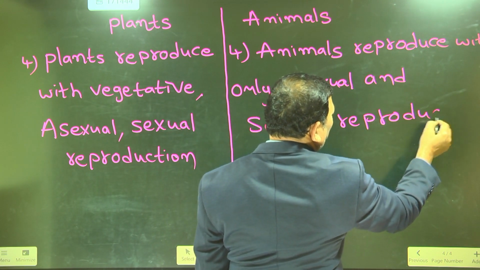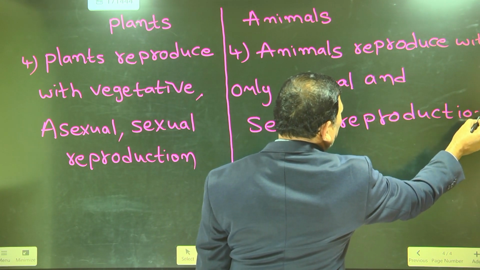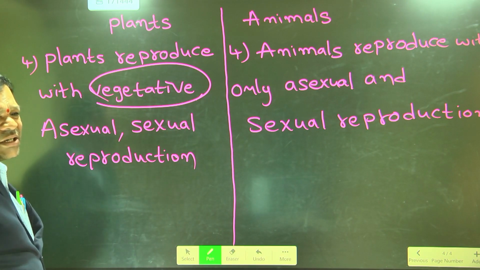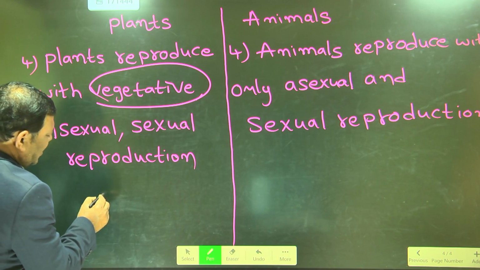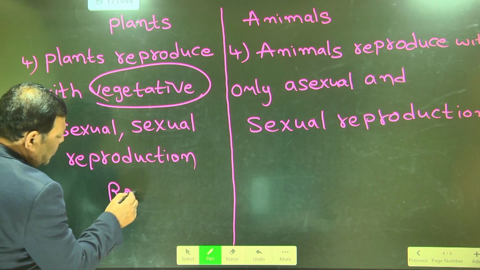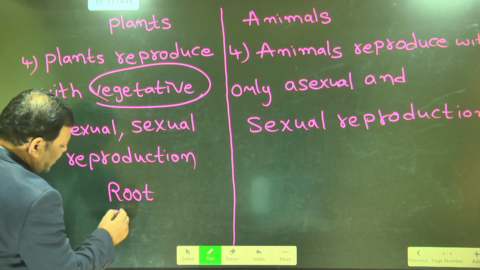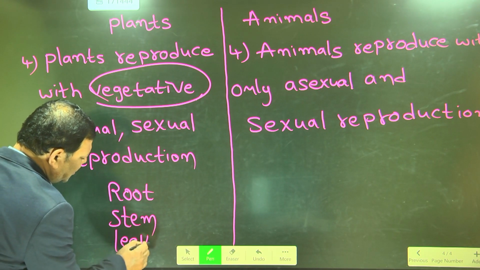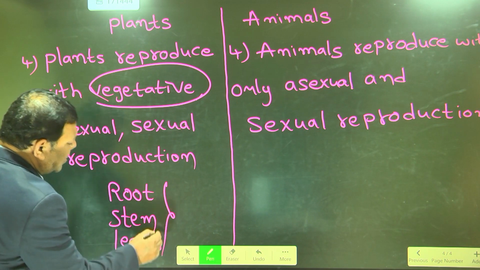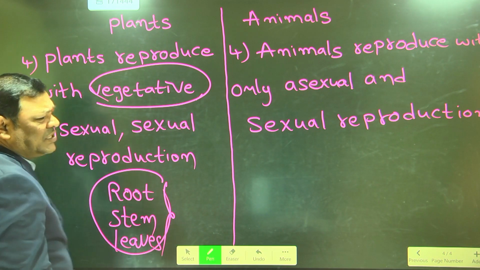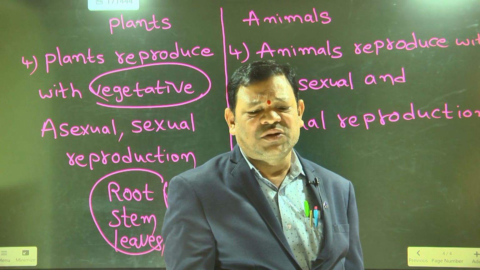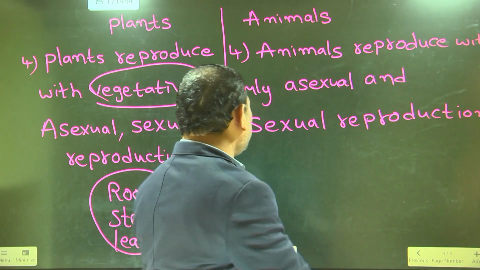What is the meaning of vegetative reproduction? The root, stem and leaves are called the vegetative parts of the plant. When these vegetative parts give rise to a new plant, that is vegetative reproduction.